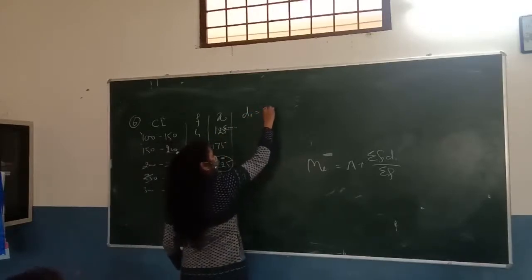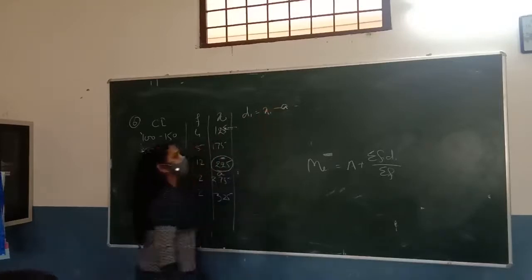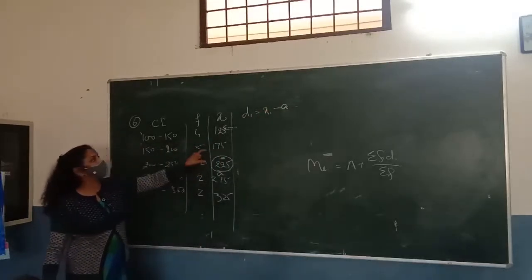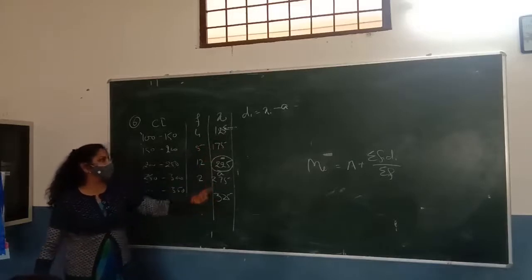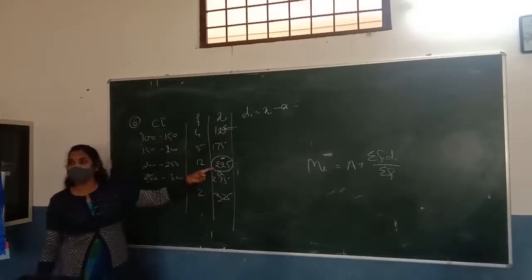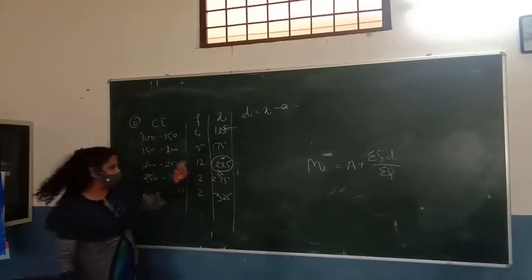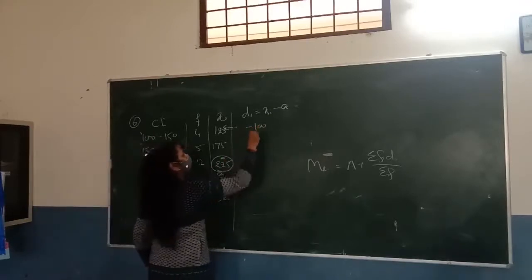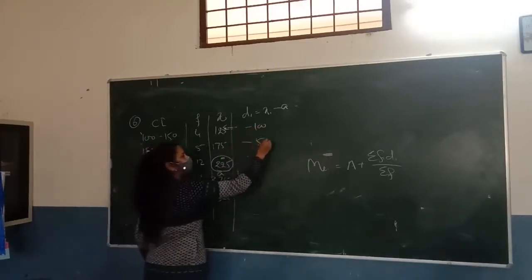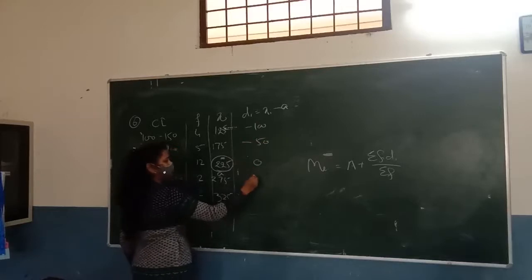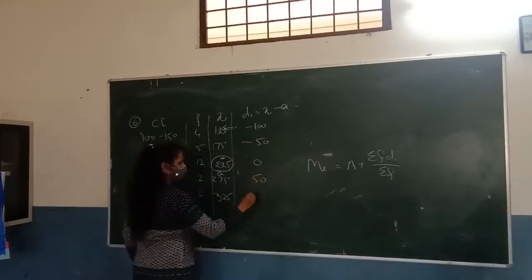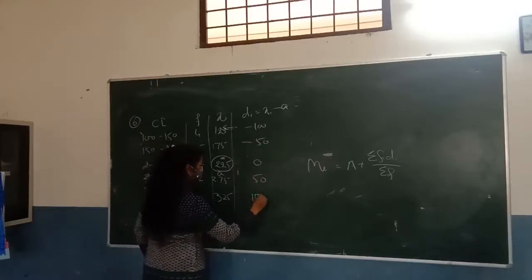xi minus a. So we subtract this number from all the values of xi. Like 125 minus 225, it will be minus 100, and then minus 50, 0, 50, 100, and 100.